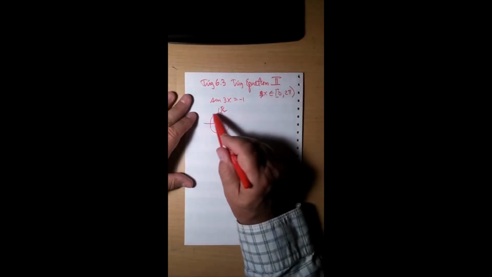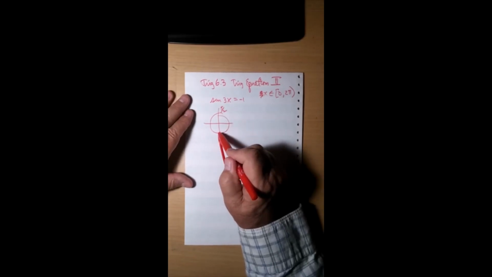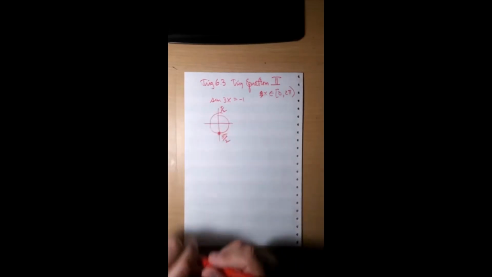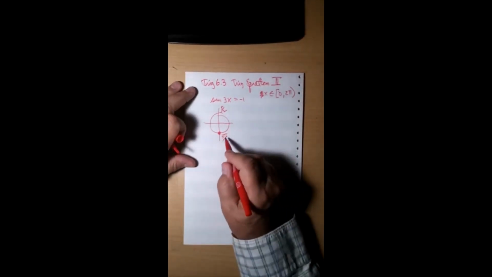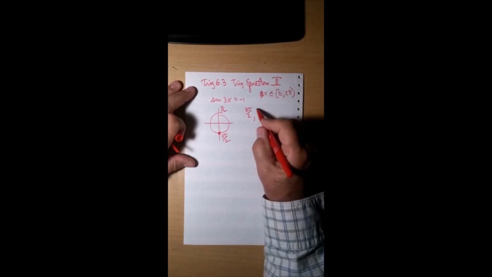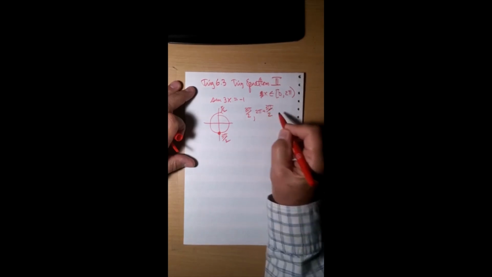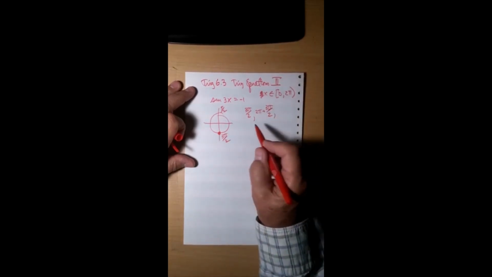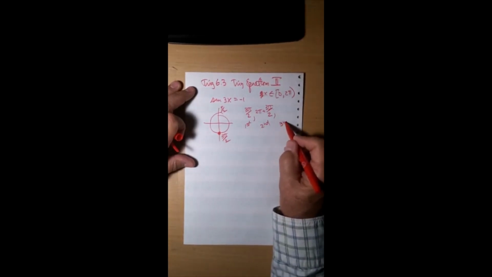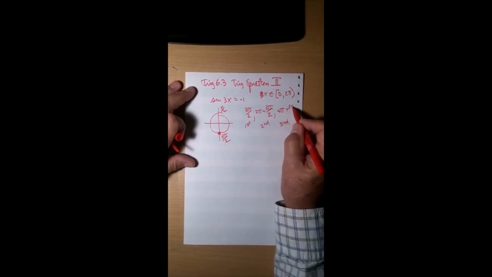So the first time around the circle, it's 3 pi over 2. But it'll hit that because we're going to go 3 times around, another 2 pi added onto that. So it'll be at 3 pi over 2, and then it'll be at 2 pi plus 3 pi over 2. That's the second time around the circle. And the third time around the circle is really 4 pi plus the 3 pi over 2.